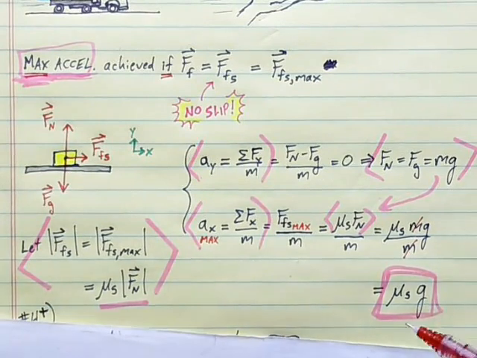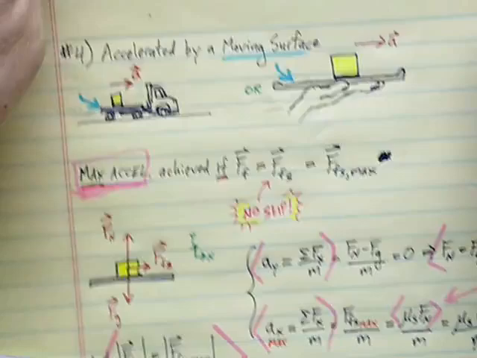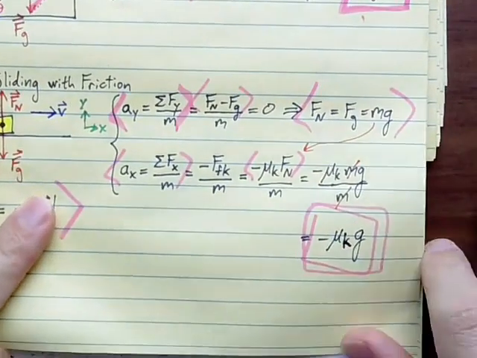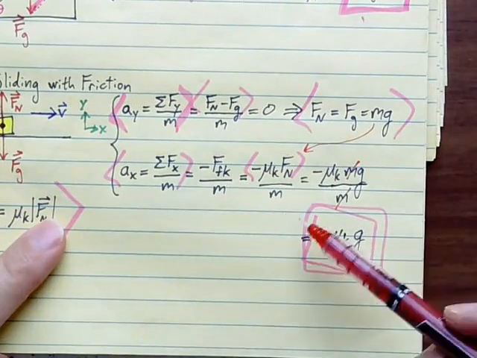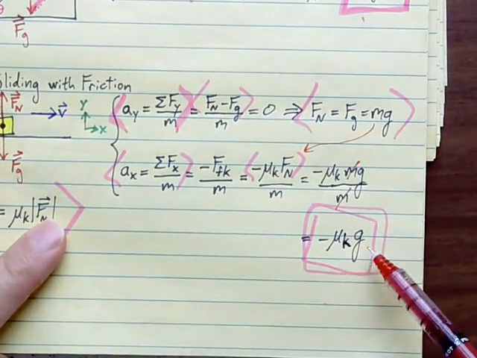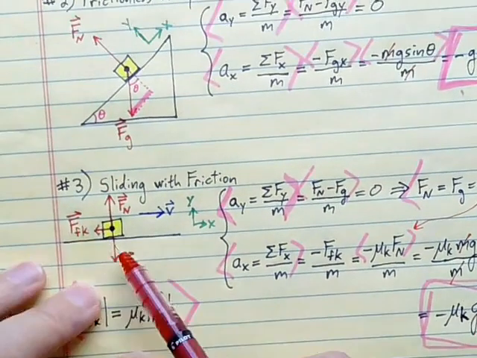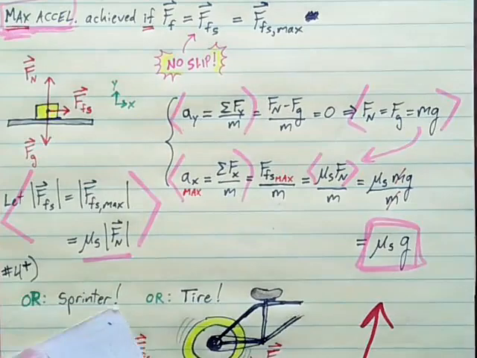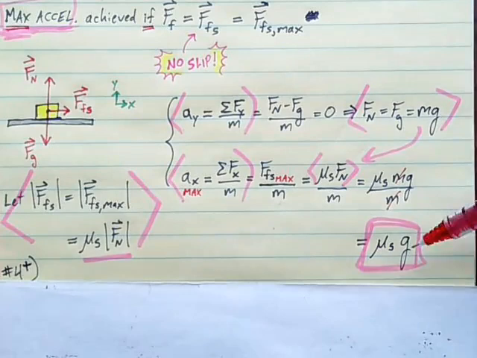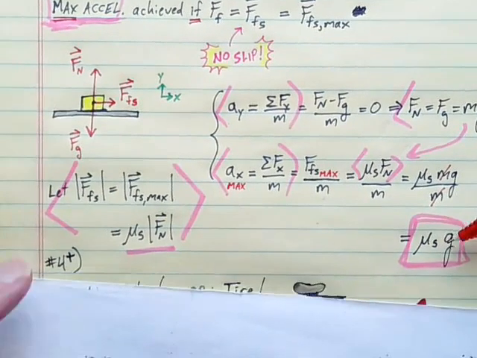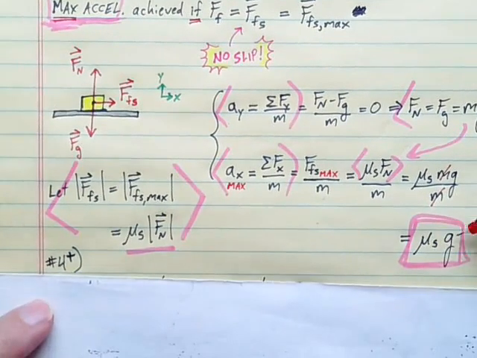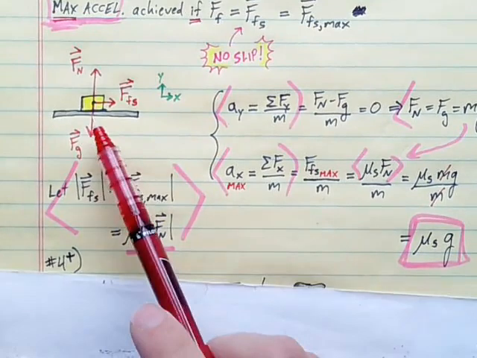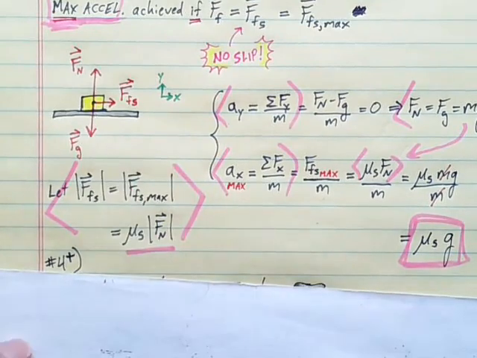So compare that, mu s g, to our result from scenario 4. Mu k g, that's the acceleration we're going to get. This fraction of g is the acceleration we're going to get as this box slows down. And mu s, which is some number less than 1 usually, will give us this fraction of g as the max acceleration that we can give to this object on our tray.